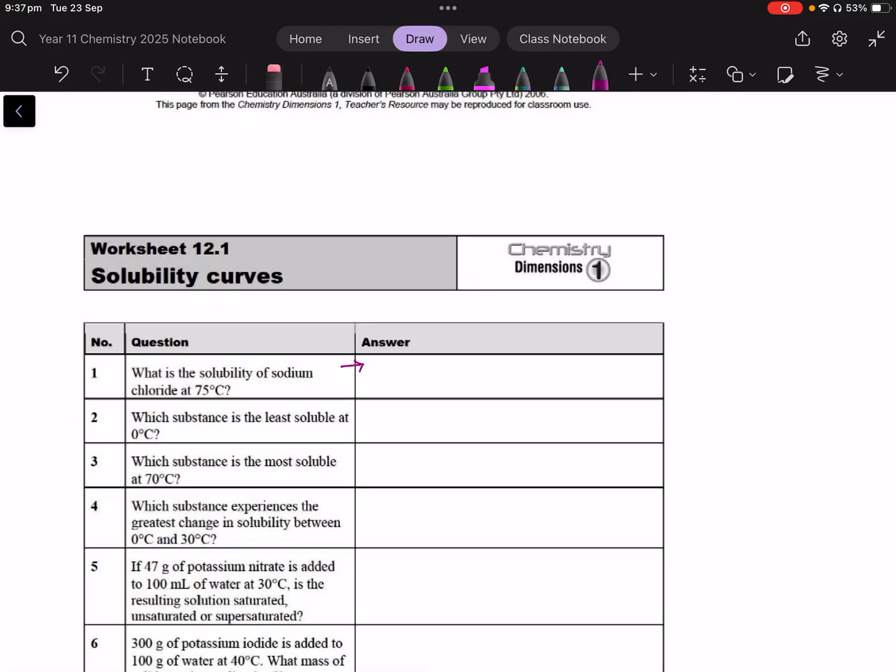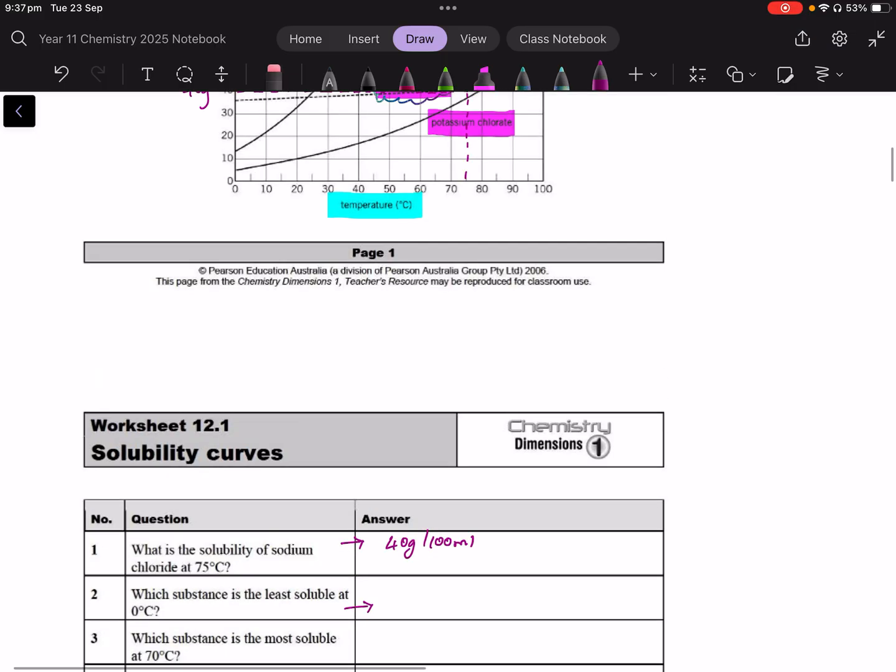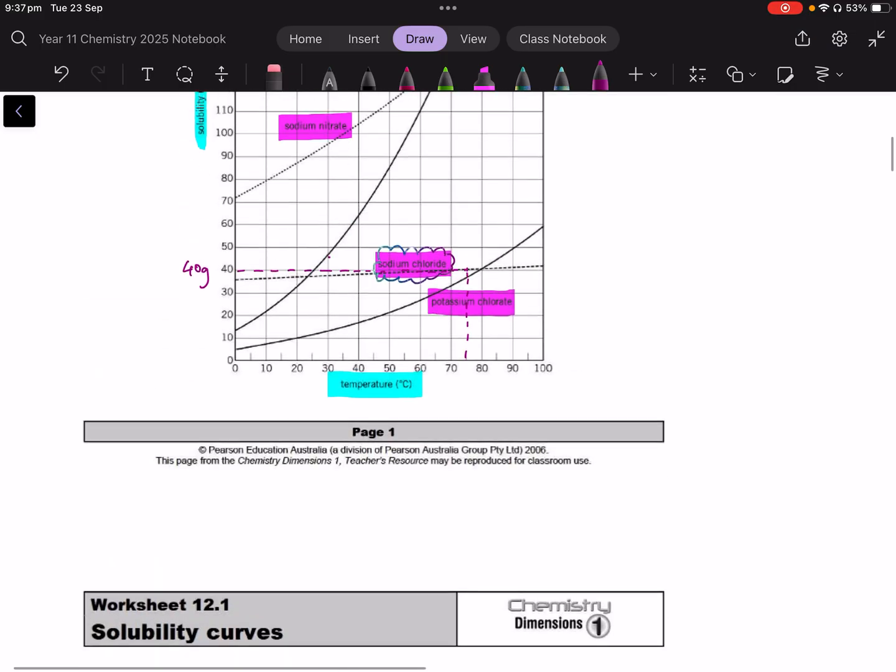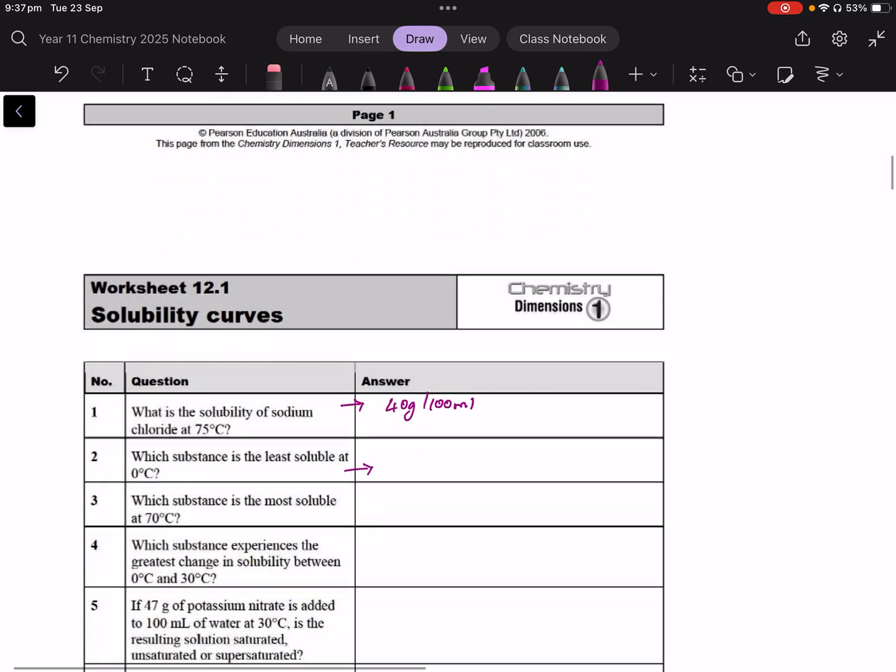So what you're going to say is 40 grams per 100 milliliters here is the solubility of sodium chloride at 75 degrees. Similarly, you would just be able to read which is the substance that's least soluble at 0 degrees. So you'd basically go at 0 degrees and find out which salt is least soluble.